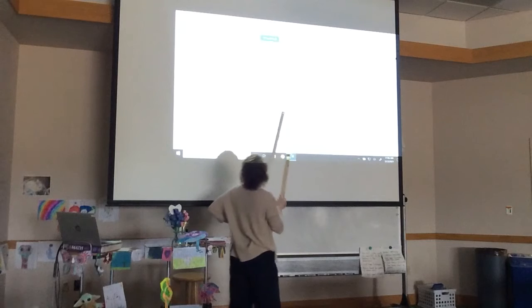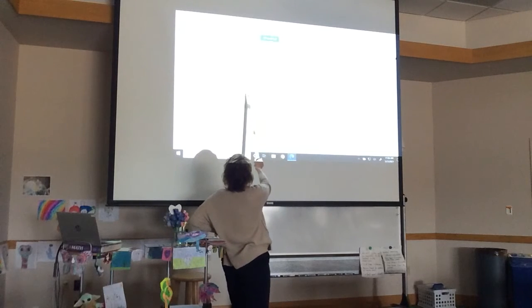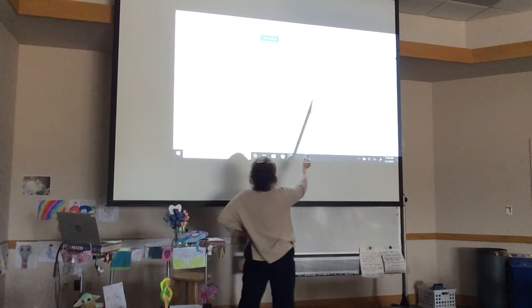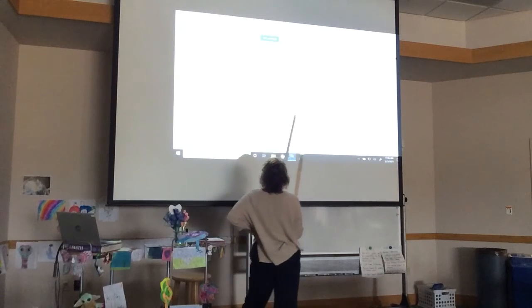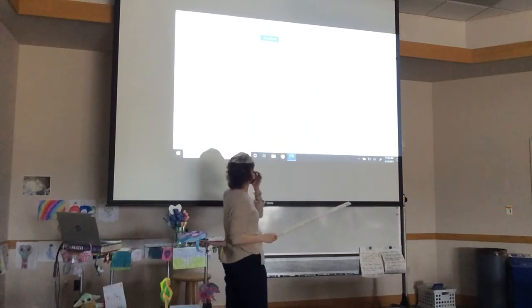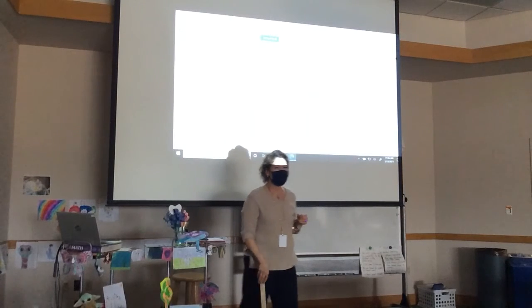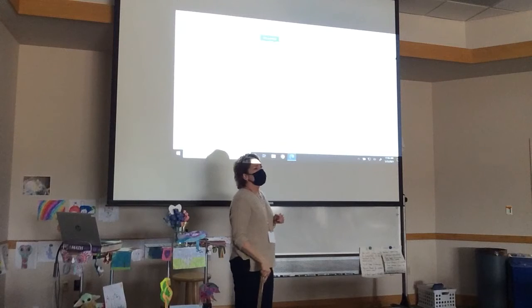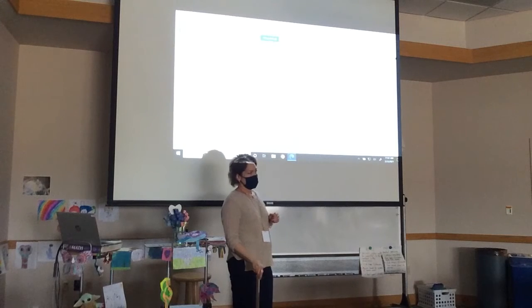All right, so let us work on this. Number 1, write the fraction that shows what part the triangles are in the group. So let's start by counting. Do we need to start by counting all of them or just the triangles? To determine the denominator, you have to count everything in that grouping.